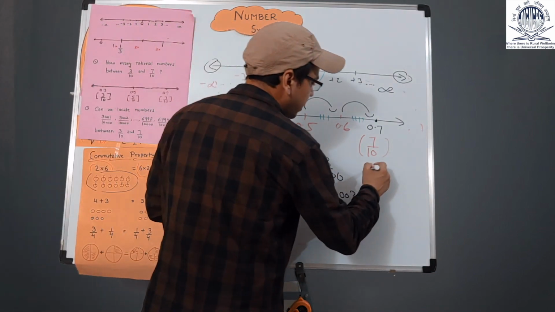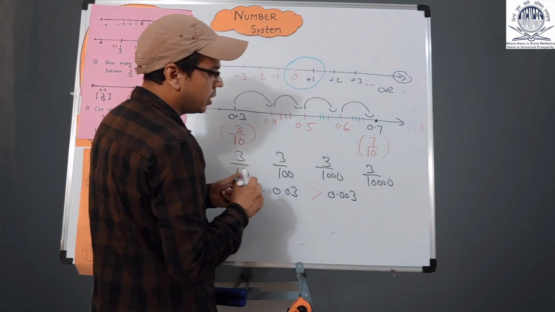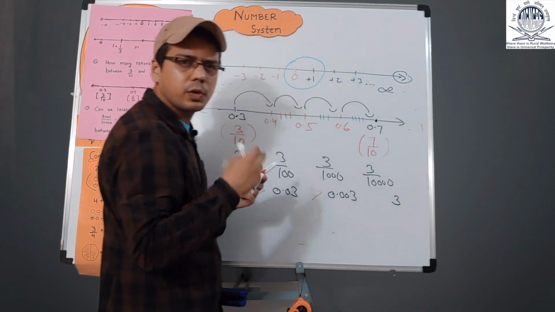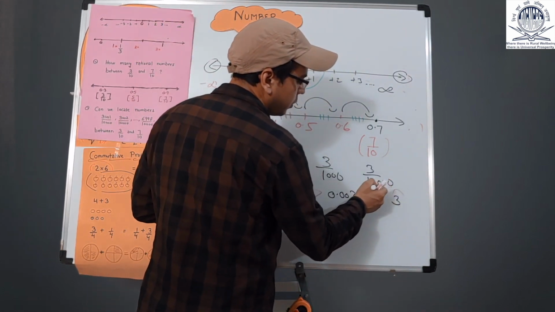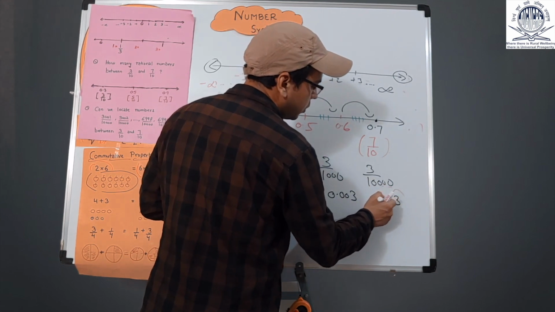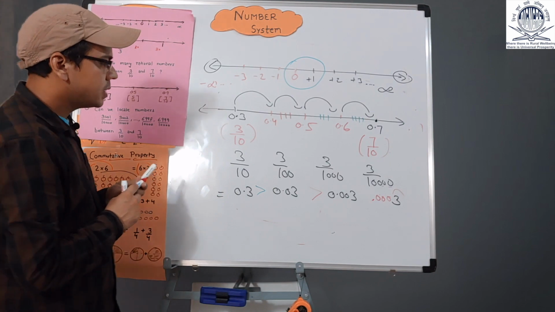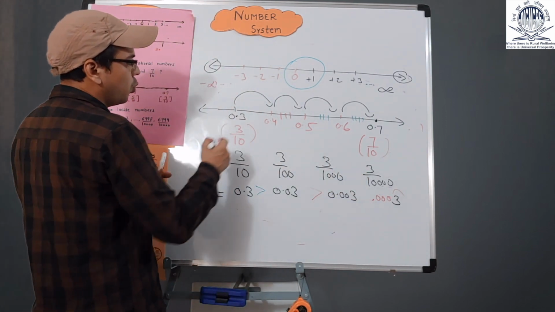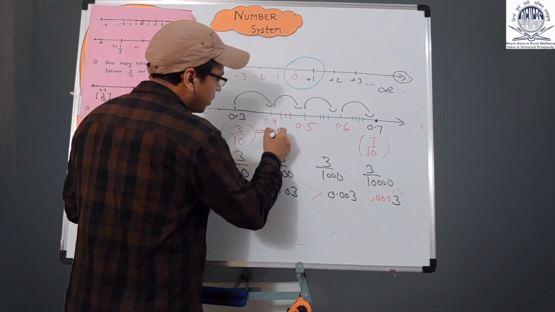And what if we extend it to 3 by 10,000? We learned in class, I put 1, count the number of zeros, 1, 2, 3, 4, and then the decimal point. So we can say that 3 by 10,000 will come in between somewhere over here.